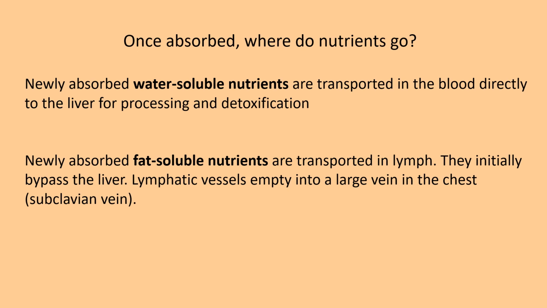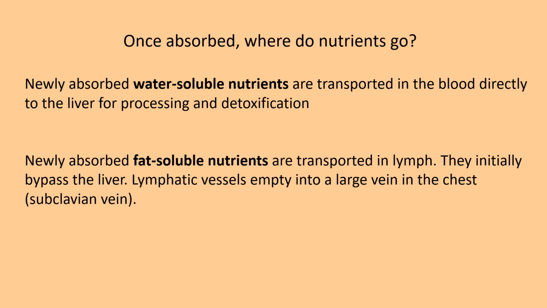So once they're absorbed, where do the nutrients go? It depends on if we're talking about water-soluble or fat-soluble nutrients. Water-soluble nutrients are transported through the hepatic portal system directly to the liver, and the liver will remove many of those nutrients from blood, and they can store some of those nutrients, they can package some of those nutrients for later.